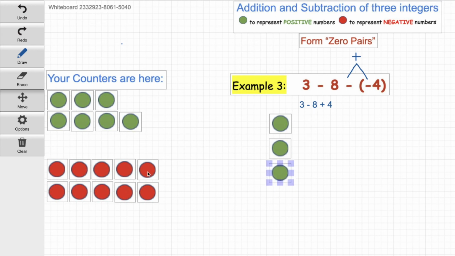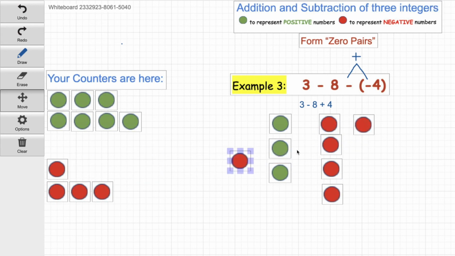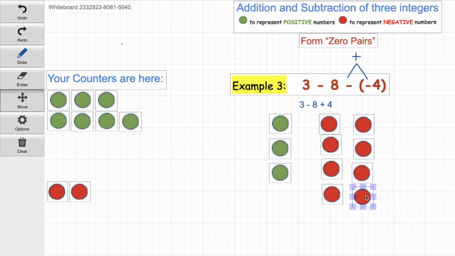So therefore, we're going to use 8 red counters to represent -8. And the final number that we have in the expression is +4. So therefore, we're going to use 4 green counters to represent +4.